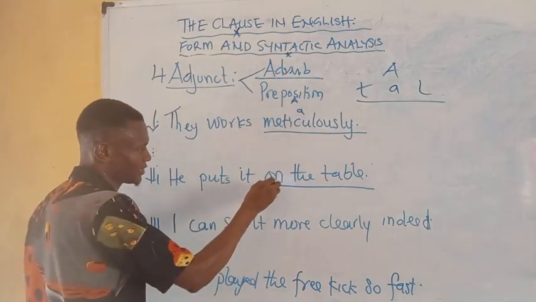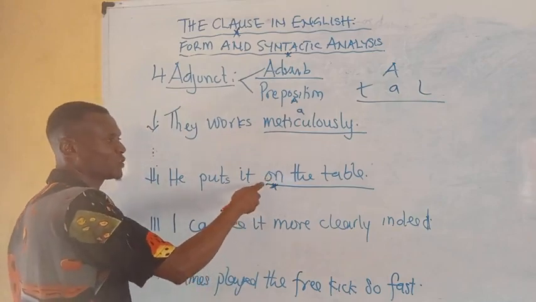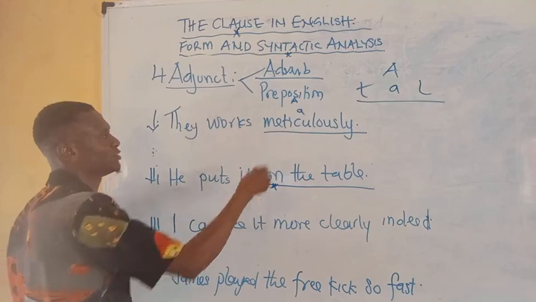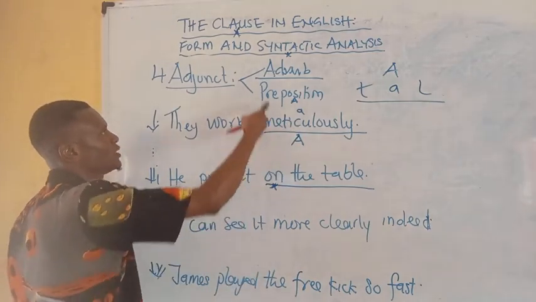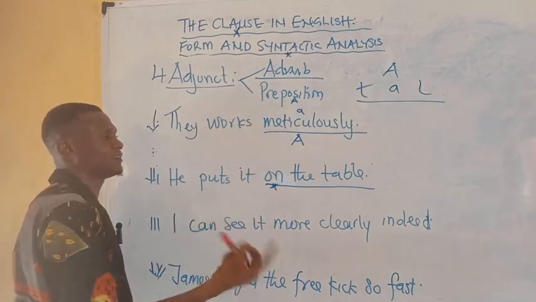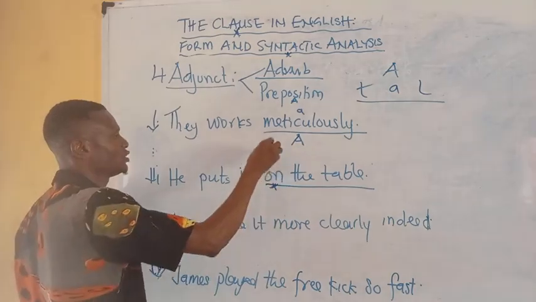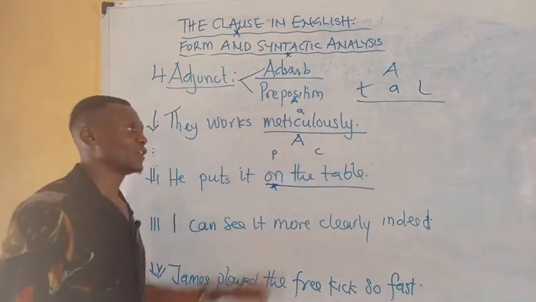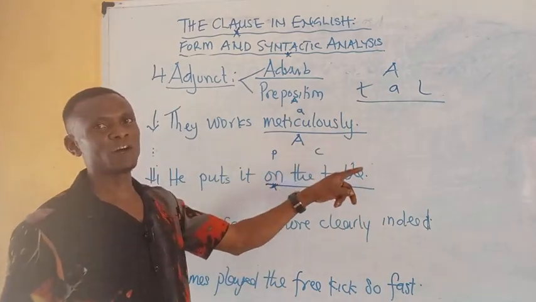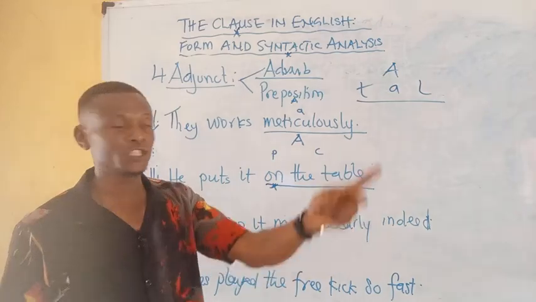How? If you look at the group here, it starts with on, which is a preposition. So it's an adjunct. What is the element of prepositional-headed adverbial group? It is just PC. So this one is prepend. The table is completive. Don't forget that completive carries the noun element, which is LHQ.